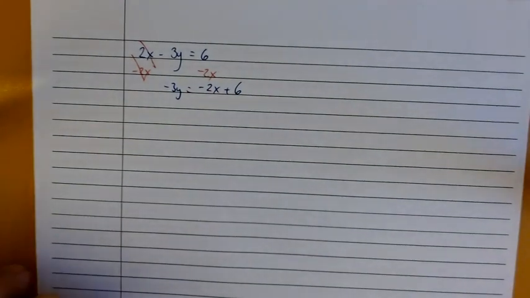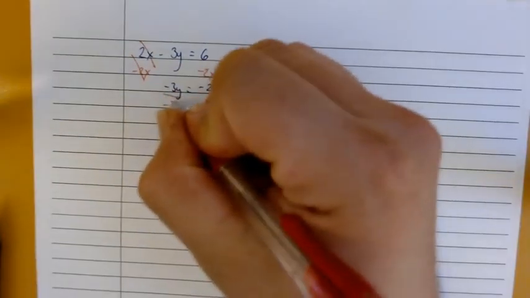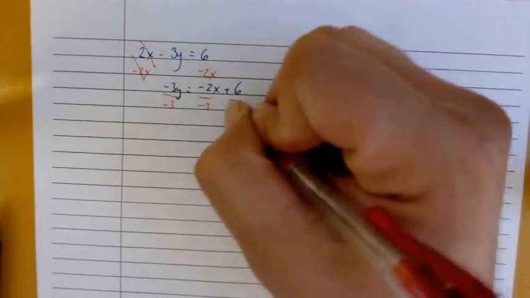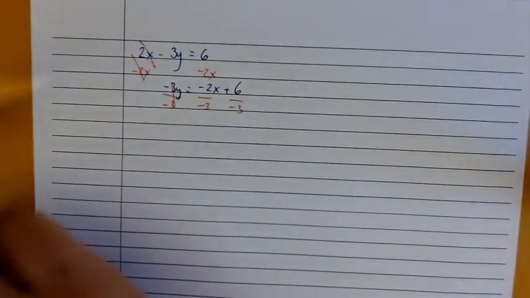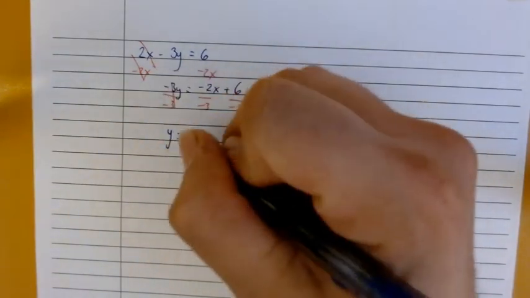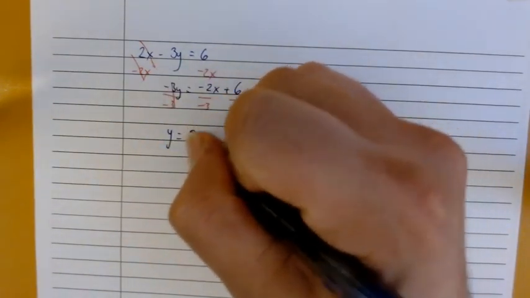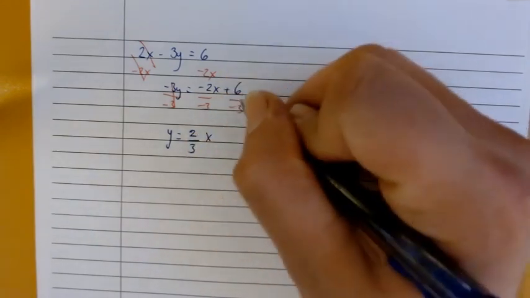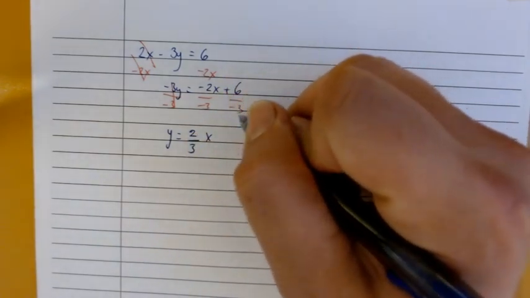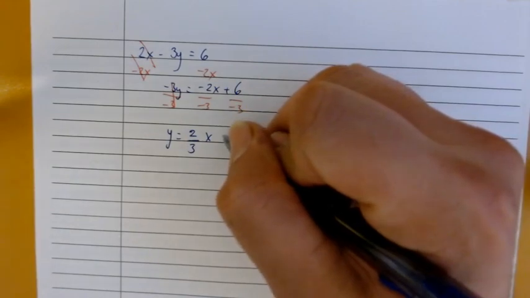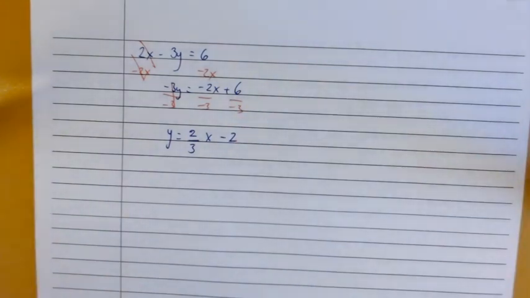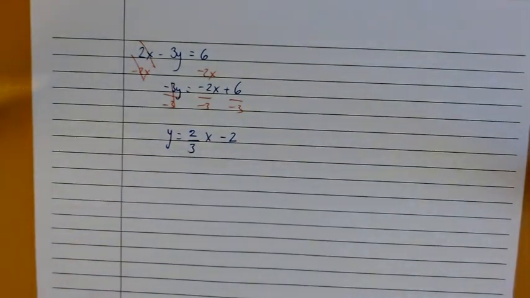And then we can go ahead and divide everything by negative 3 to isolate our y. So those divide out. Now we're left with y equals negative divided by a negative, that's a positive 2/3, you have an x right there, and then 6 divided by negative 3 is negative 2. Okay. And that gives us everything we need to graph our line.